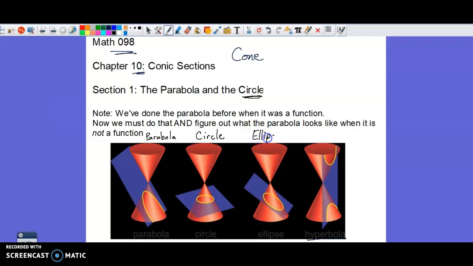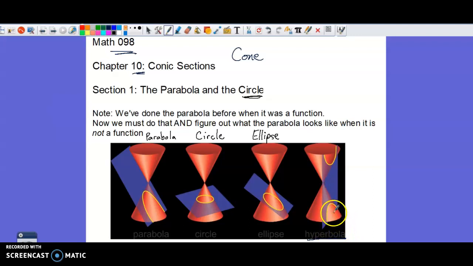I guess I didn't really clarify that on a parabola it went through the side and the base of the cone. So that's why we get that parabolic shape. Opposed to this one, it doesn't go through the base of the cone, it goes through both sides of the cone, making the ellipse. And then hyperbola, which is not a hyperbole, that's an English term.